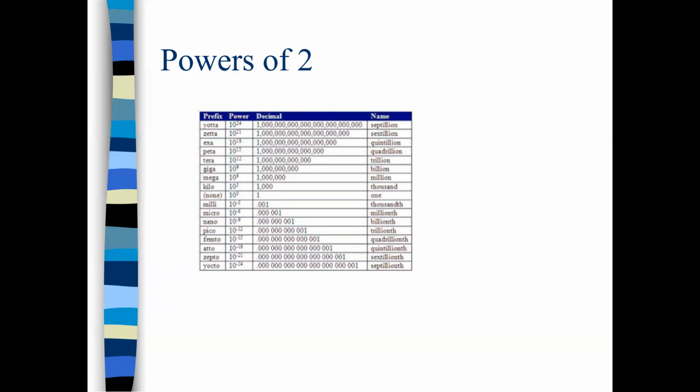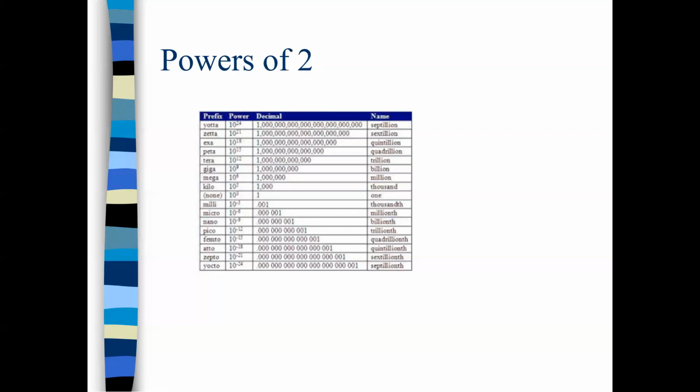Now, I need a side here that's really important for your basic understanding to know about how some of these terms got created and how much each thing is worth. A bit or a byte was the very first measurement that engineers came up with when they were developing computers. And they said, you know, that's not very much. We could hold like a letter K in 8 bits, but what if we need a whole sentence?